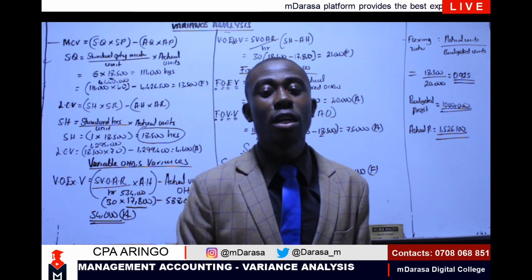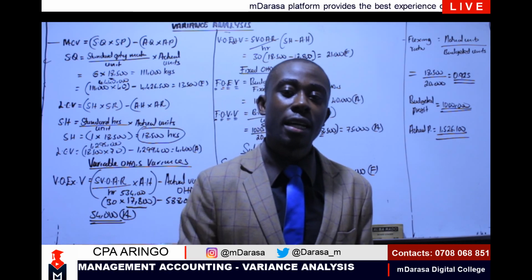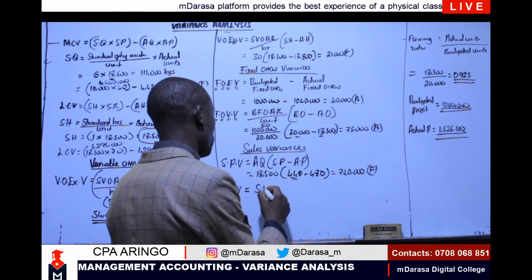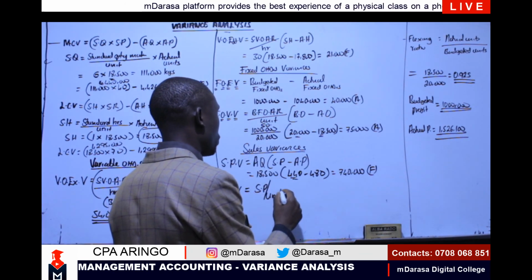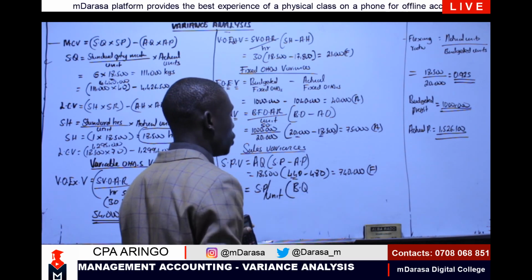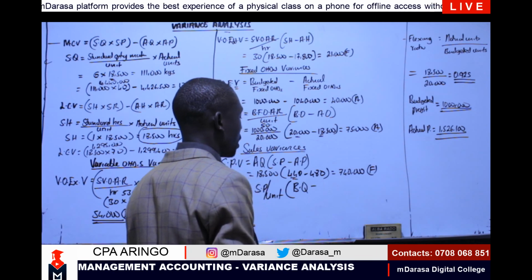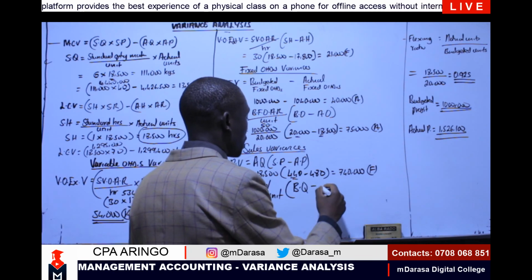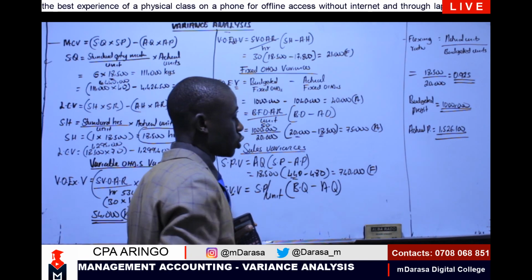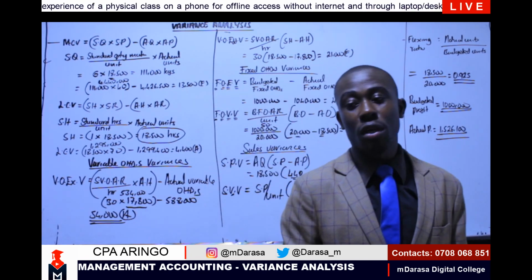You are saying that all these are going to be valued at what? Standard profit per unit. So we are saying that our sales volume variance should be standard profit per unit into our budgeted quantity, budgeted units sales, minus our actual units, actual units that we sold.